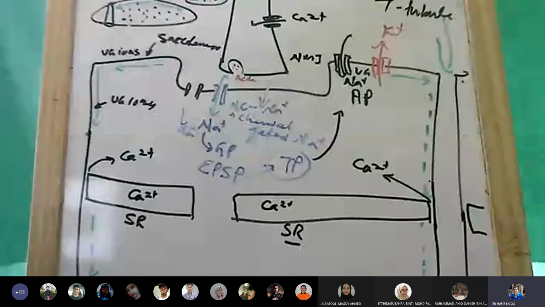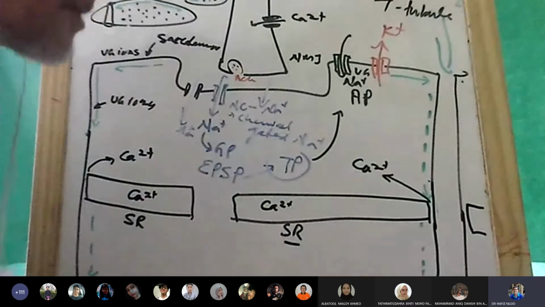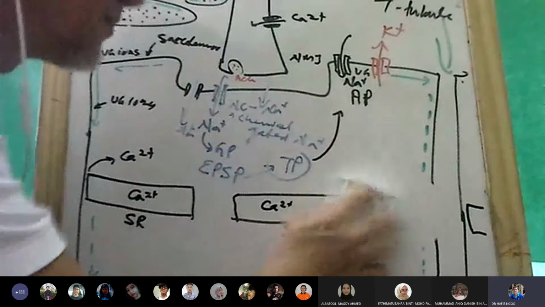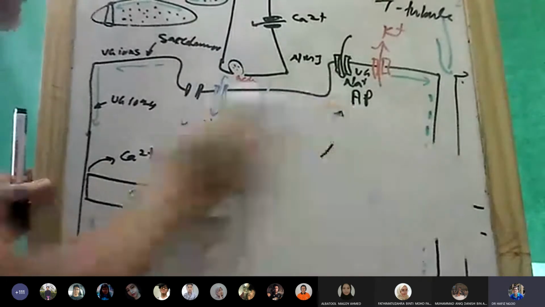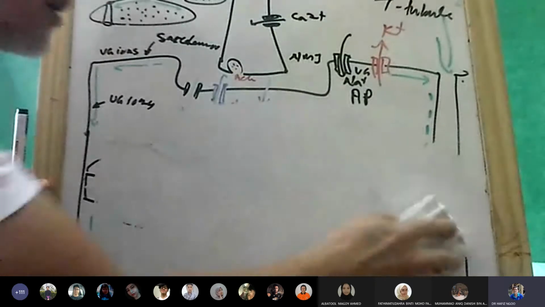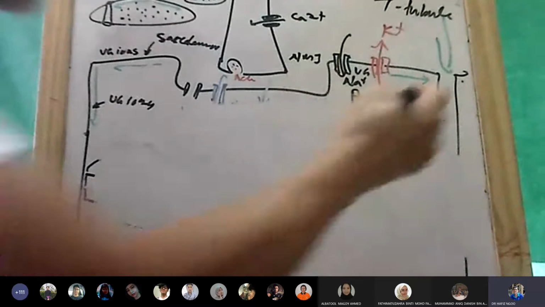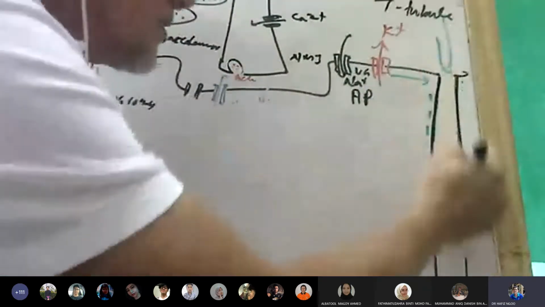You are asked to draw voltage-gated calcium channels on the sarcoplasmic reticulum. If we expand this, I make it bigger so that I can draw more things here. Now you have the T tubule coming down here.